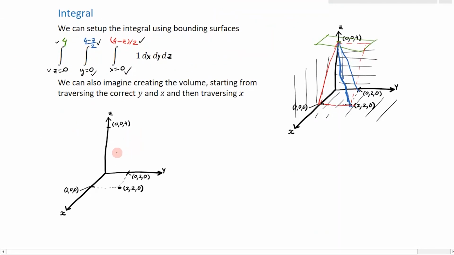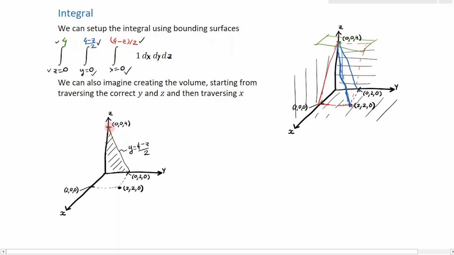Now, the other way to think about it is by thinking, how do we create this pyramid? By first spanning out all values of z and y that end up being taken by points in this pyramid, and then creating the x dimension by figuring out what values x takes on. So here, we would want z and y to take on these values, which would be from z equals 0 to 4, and from y equals 0 all the way up to y equals (4 minus z) over 2.